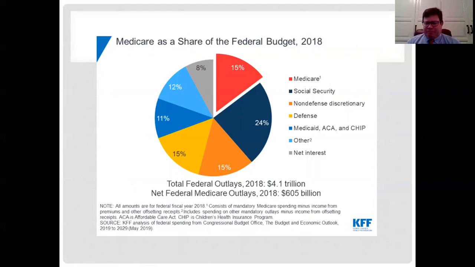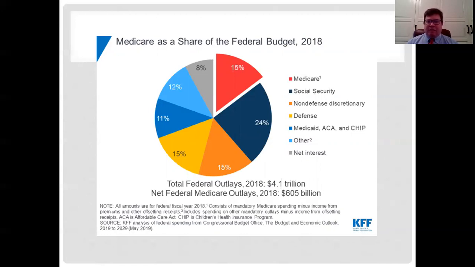Now, here's the problem. Unlike Medicare Part A, we've got the payroll taxes, and then we've also got general revenue funding. But if you take a look at Medicare as an overall share of the federal budget, it is 15% of the federal budget in 2018.